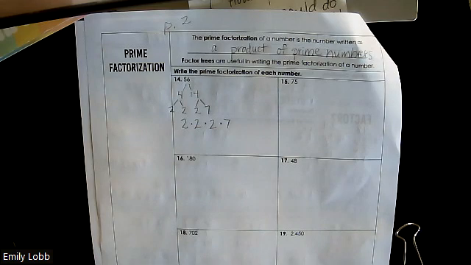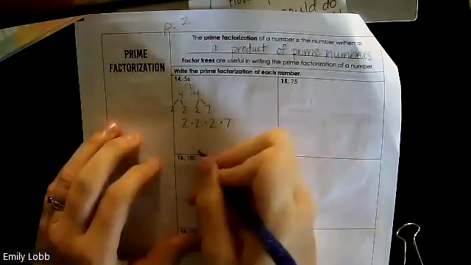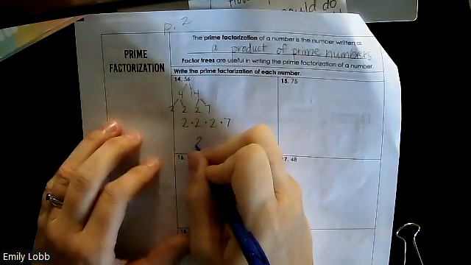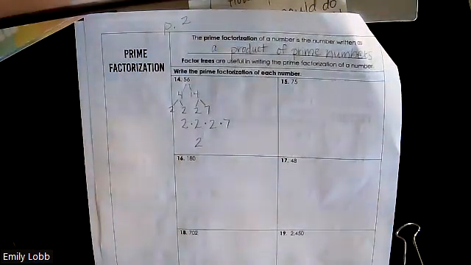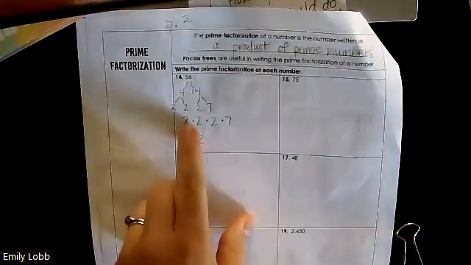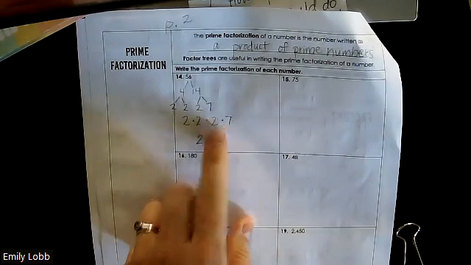Josh, are you with me? Thank you. We can simplify this though. Have you seen exponents before? If we have a factor of 2, how many times do we have that factor of 2? 1, 2, 3 times.